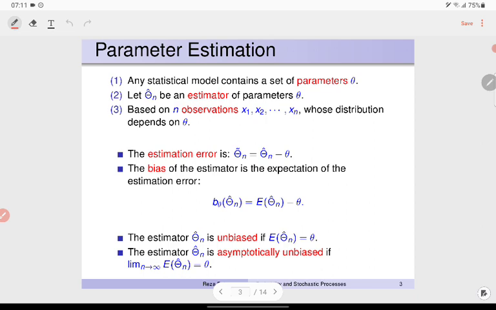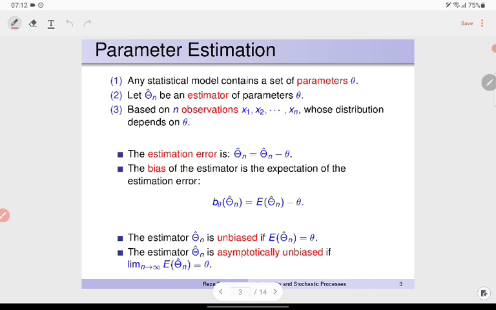Now, this model usually contains a set of parameters theta, and we try to estimate these parameters that will determine later on the form of the statistical construct that we are forming to approximate these observations.